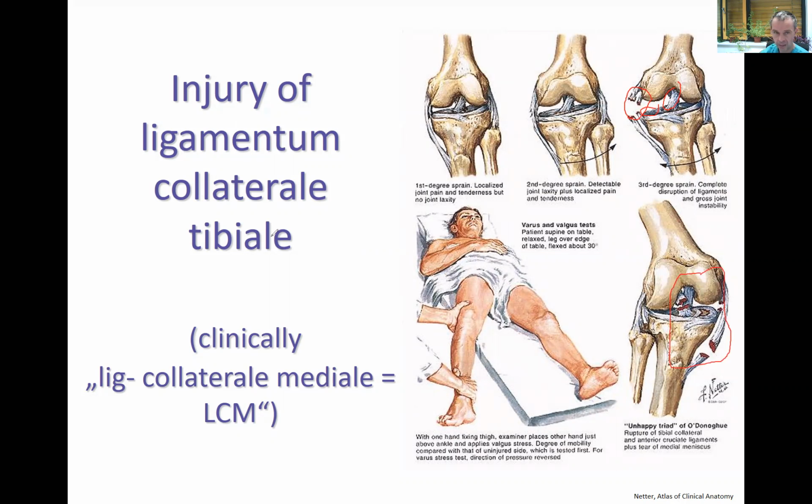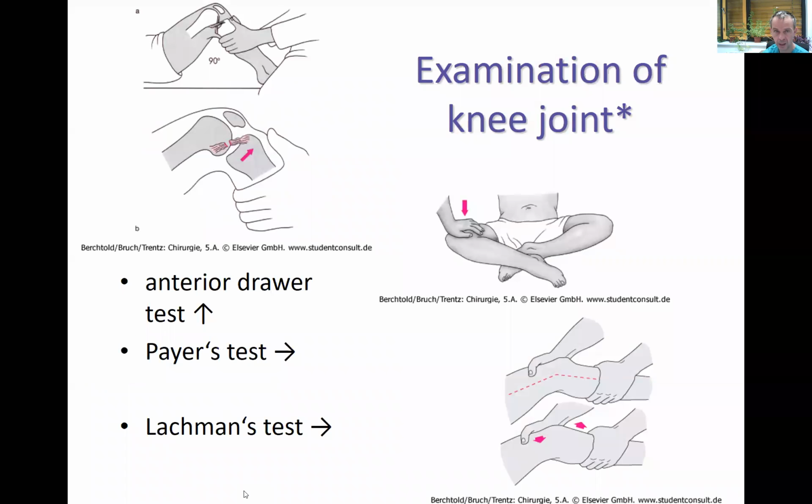Yeah. The tibial collateral ligament is sometimes in clinics called the medial collateral ligament, but in anatomy we do not use it, as the medial collateral ligament is located here in the ankle. And we'll come to this in some minutes. So how to examine? Here you can see the drawer test, that you draw this flexed lower limb ventrally or dorsally, yeah?